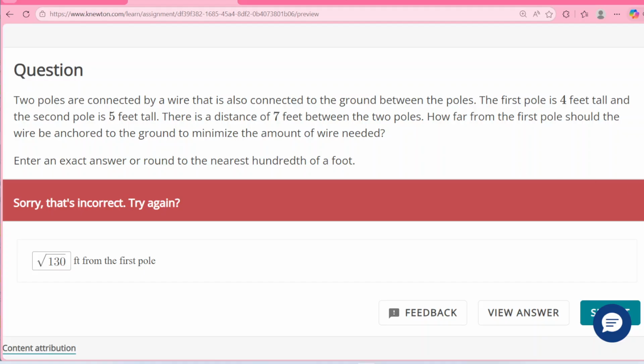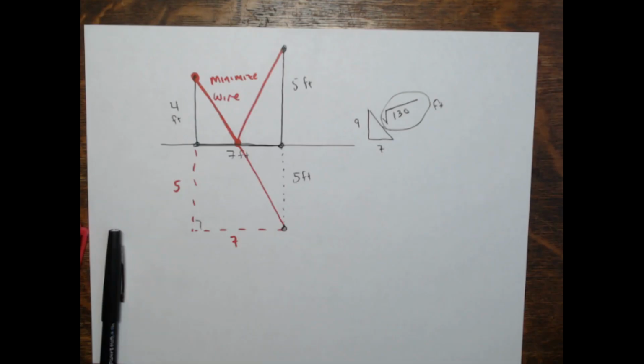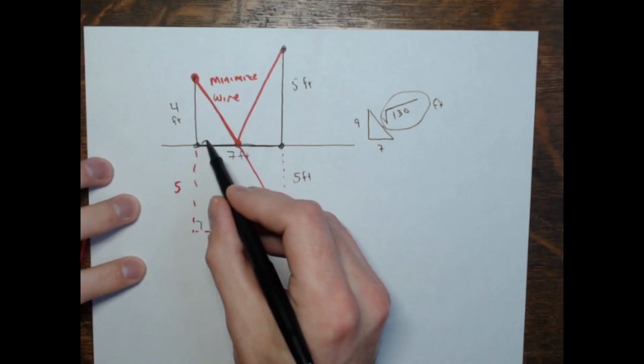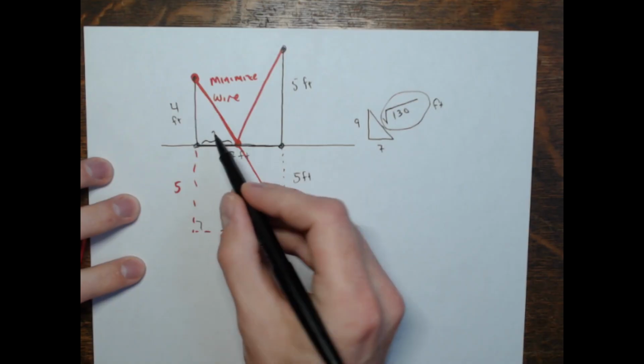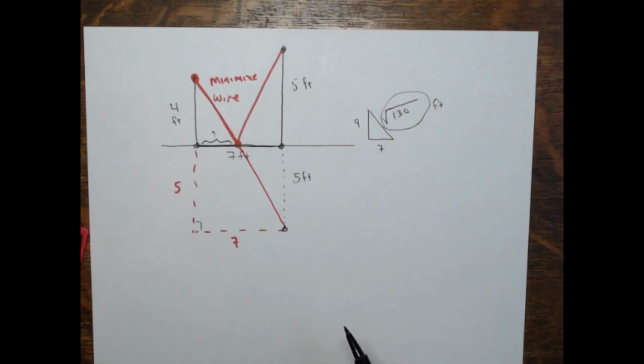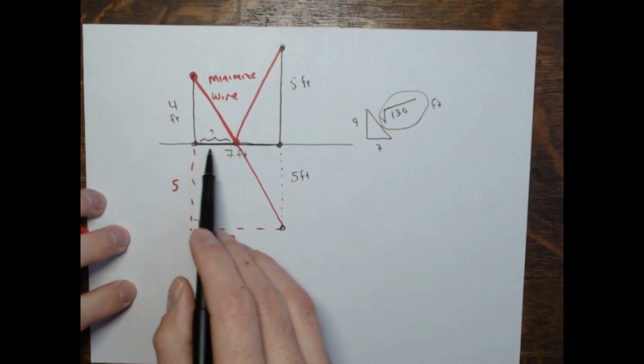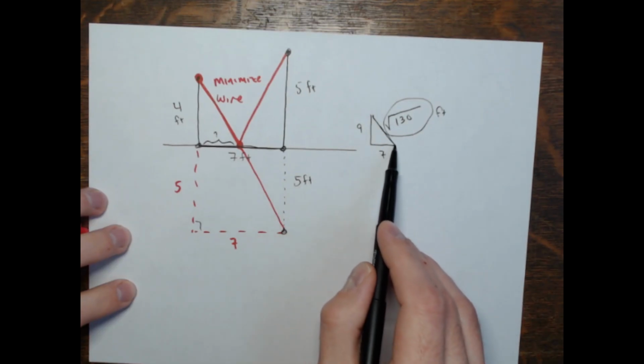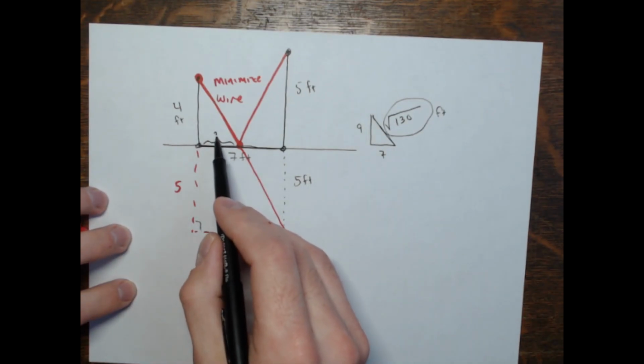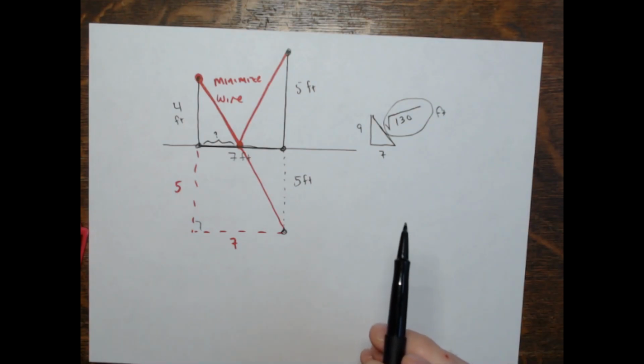Okay, my apologies. They didn't ask for the minimal distance. They want to know how far from that first pole it should be so that you get the minimal distance. So my bad. And so we may have to.